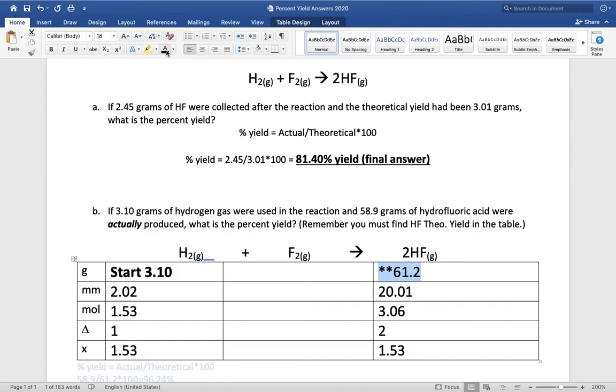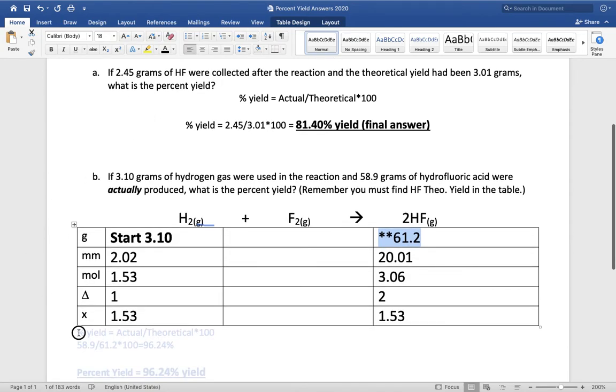Now I can use my previous number from the problem, my actual yield 58.9, with this theoretical yield 61.2.